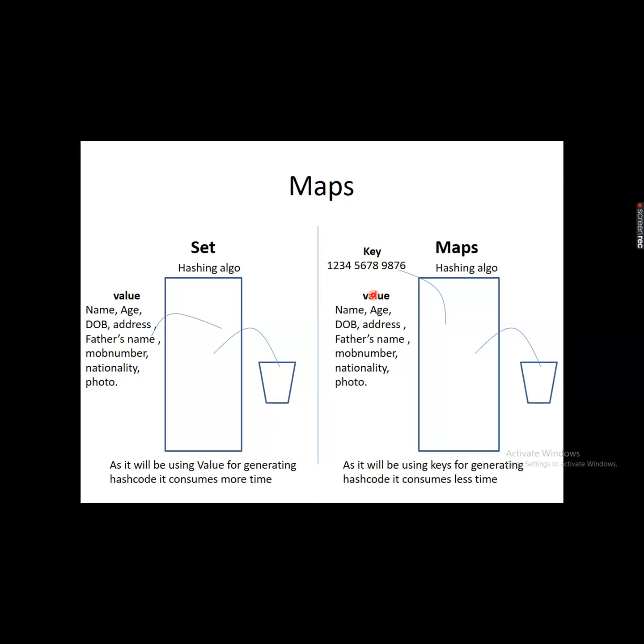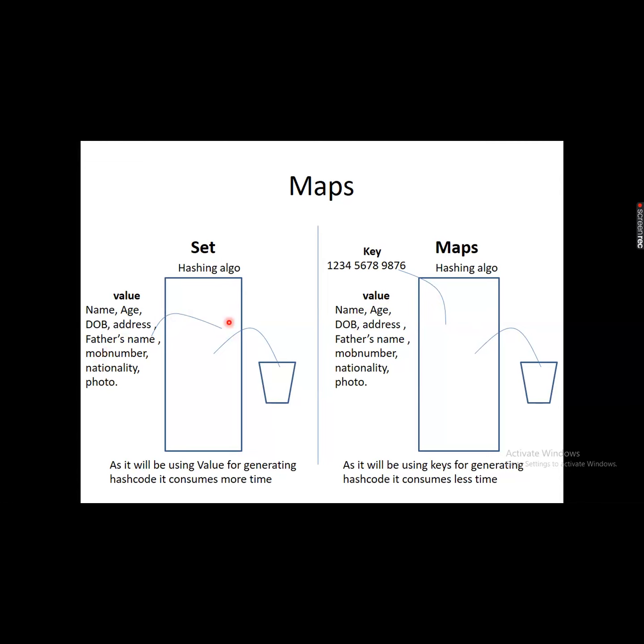So I will not use the value here for generating the hash code. Rather, for all my details, I'll create one Aadhaar number, and that Aadhaar number I will use to generate the hash code. So in set, what am I using? Directly my details only I'm using to generate the hash code. Hash code means what?